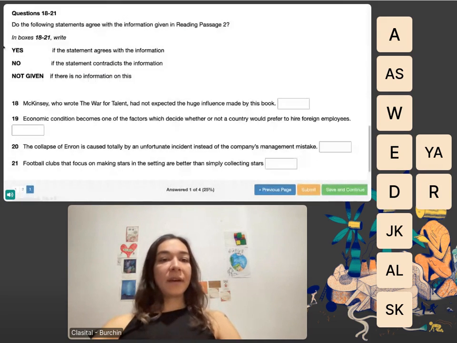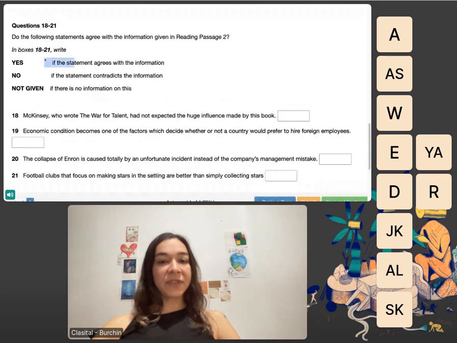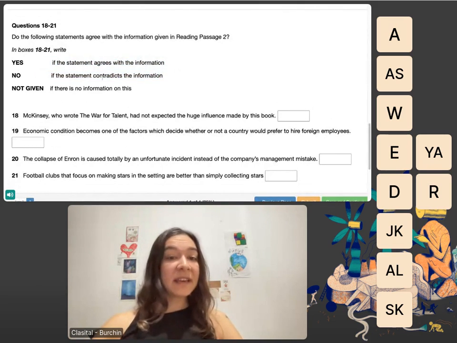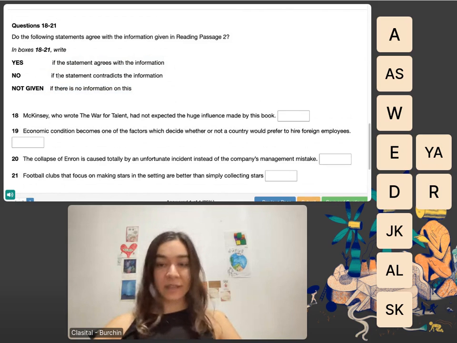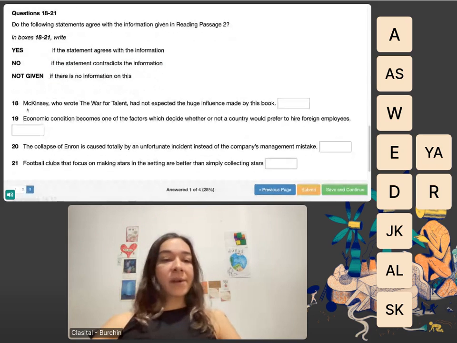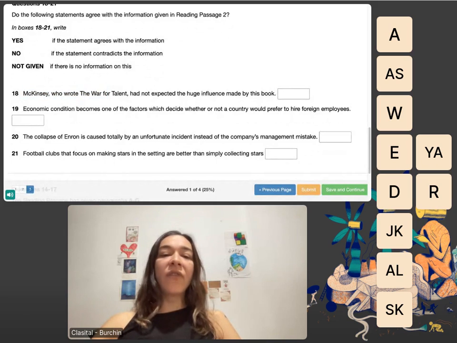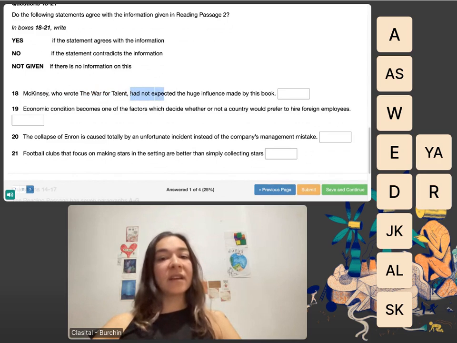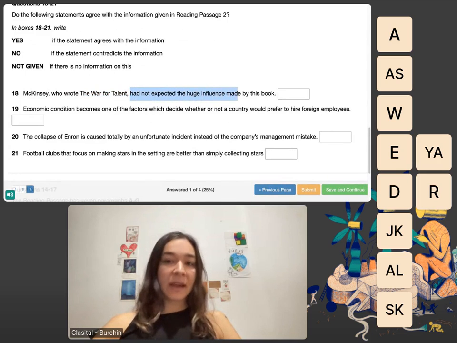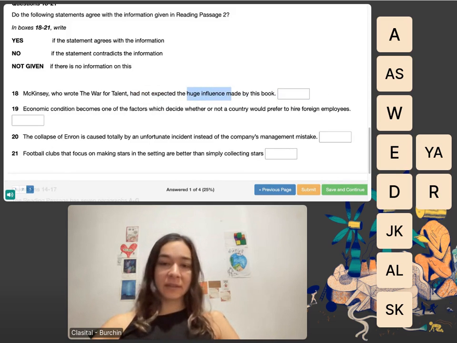Okay, let me see. Yes, if the statement agrees with the information, if the statement contradicts the information, if there is no information on this. McKinsey, who wrote The War for Talent, hadn't expected the huge influence made by this book. Huge influence.